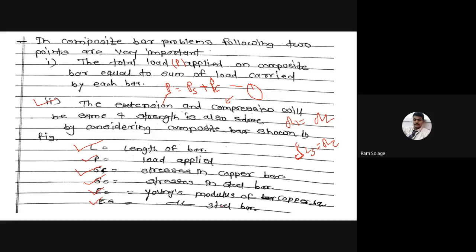In this problem, condition number 1 and condition number 2 are very important. In every examination they ask questions on composite material. In composite material also we have 3 to 4 types. This is type number 1 under composite material. So composite material is a very important point, or we can say IMP, from an exam point of view. So we have to understand the conditions.